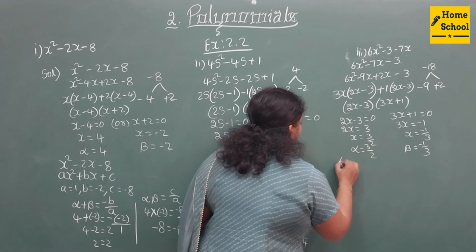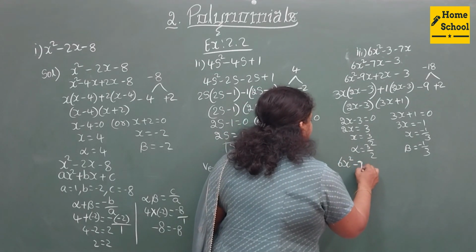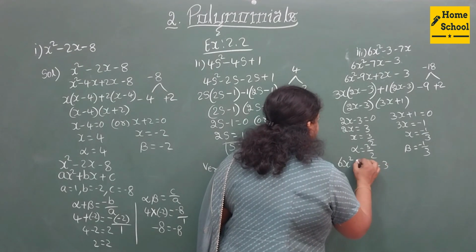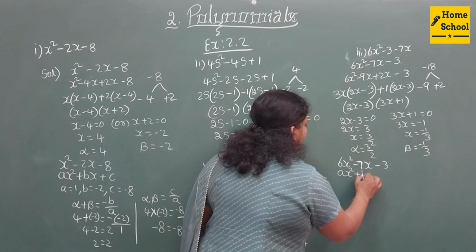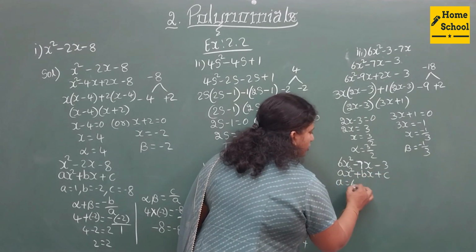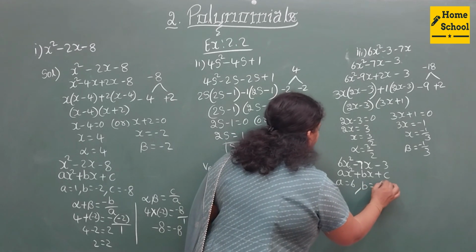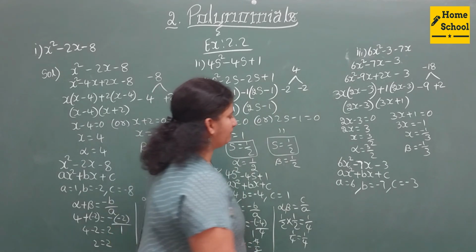Take the polynomial again, 6x² - 7x - 3, and compare with the standard form ax² + bx + c. a is equal to 6, b is equal to -7, c is equal to -3.